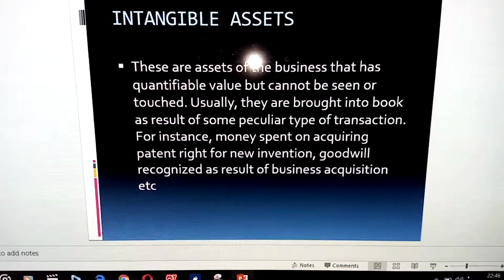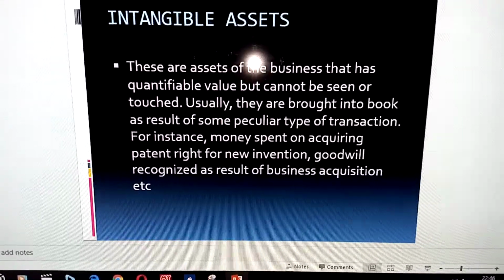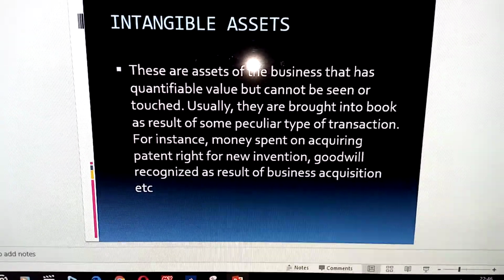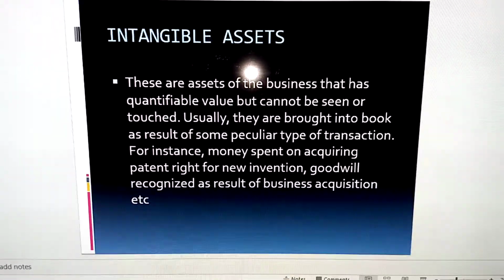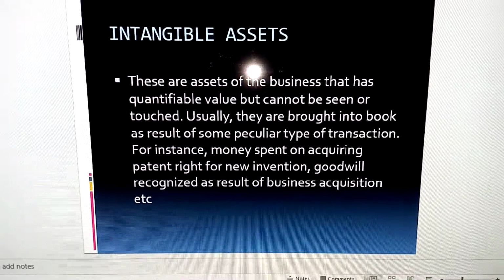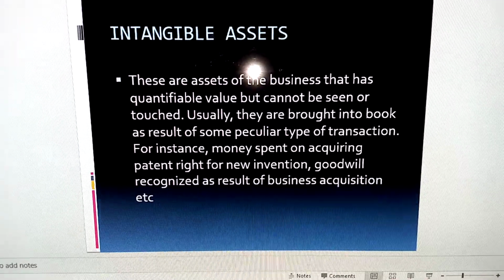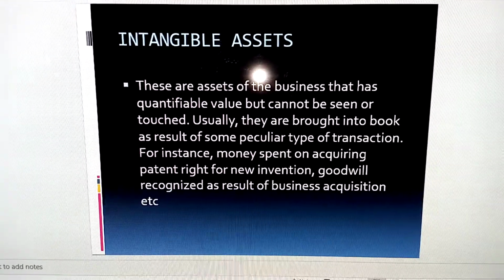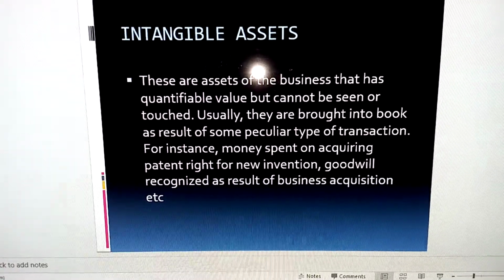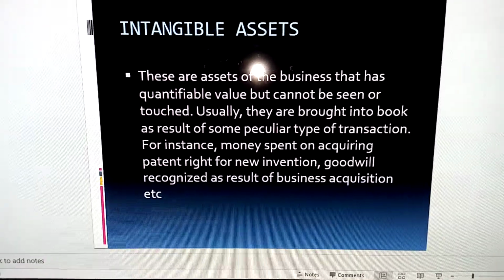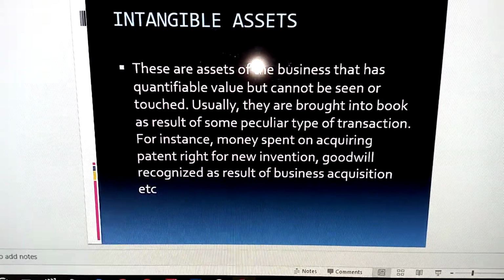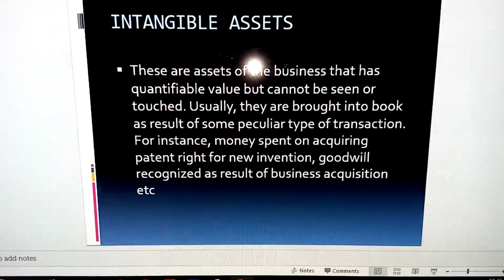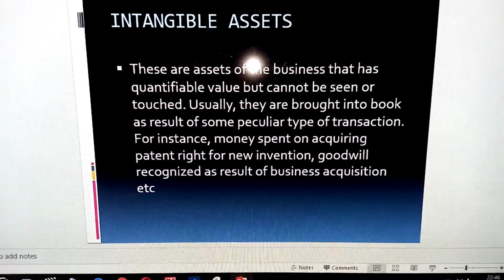Now, intangible assets are recognized or brought into the books as a result of the peculiar nature of the transaction. Take, for instance, money spent on acquiring a patent right for a new invention.